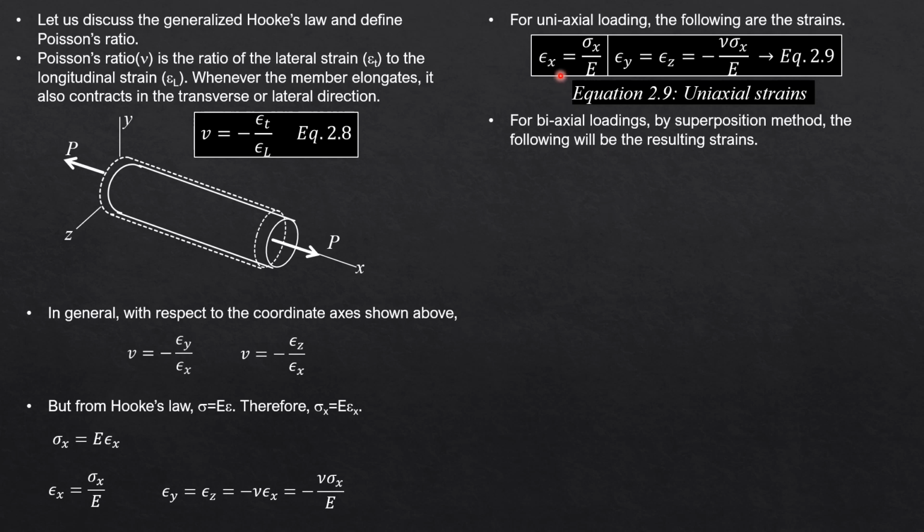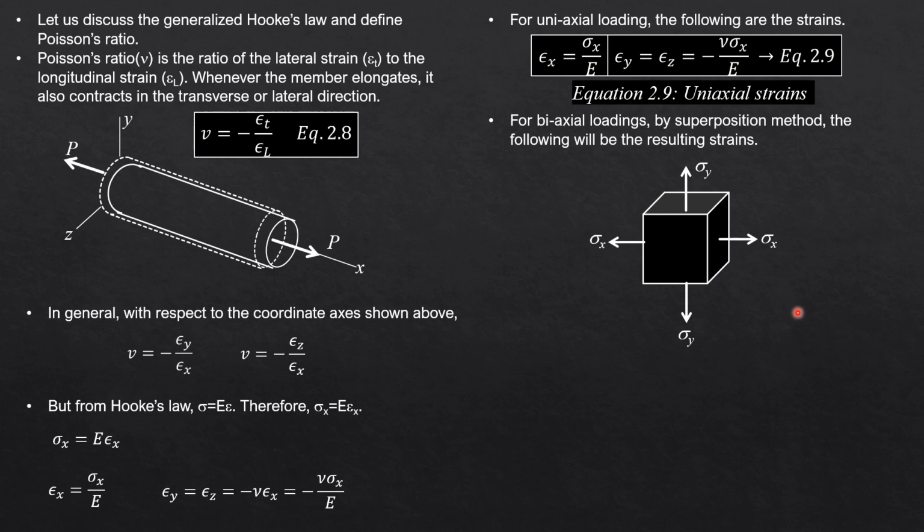So if there is also tensile stress along y, let's draw the figure first. This tensile stress along y will cause negative strain along x. Therefore, by superposition, the strain along x would become sigma x over E minus Poisson's ratio sigma y over E, from the result here.